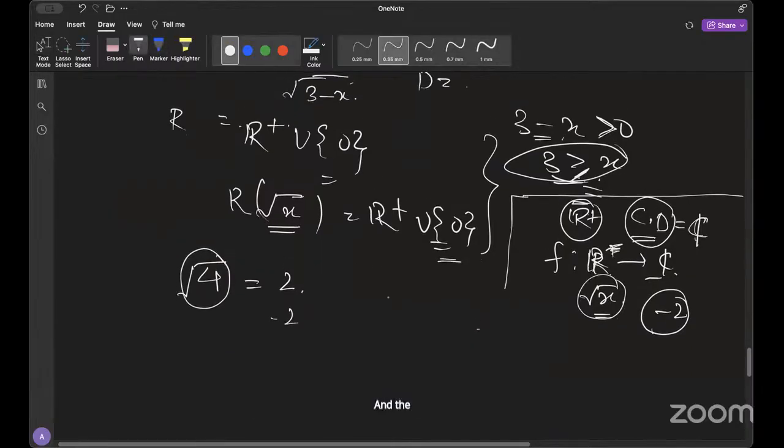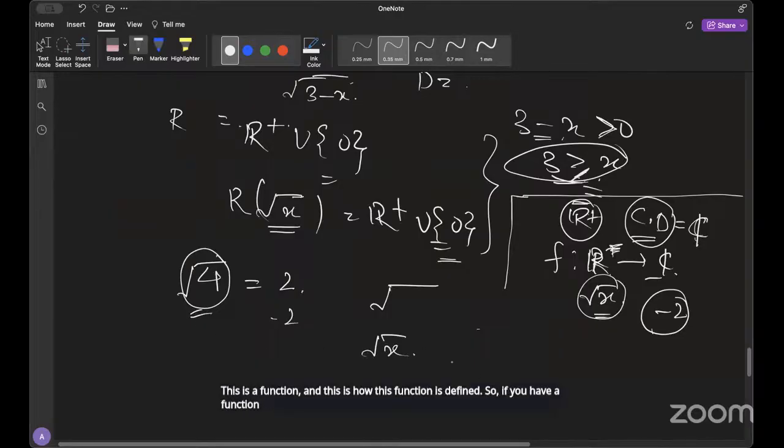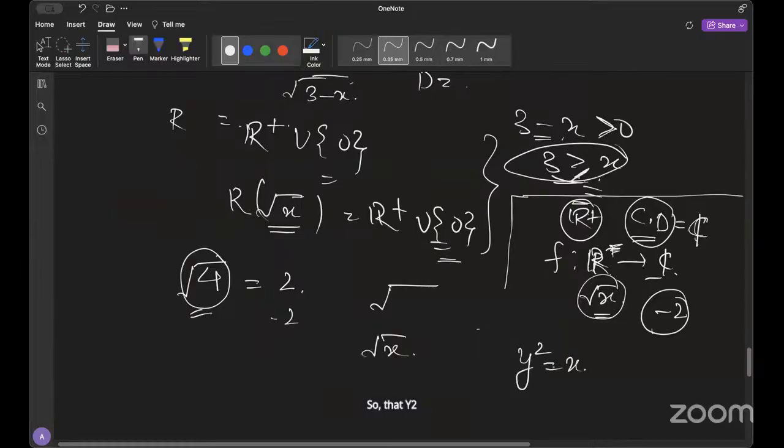Ma'am, why? This is a function, and this is how this function is defined. So if you have a function root x, this just means a number y such that y square is equal to x, but you have to make sure that your y is the positive one only. Because if y square is x, then (-y) square is also x, right?